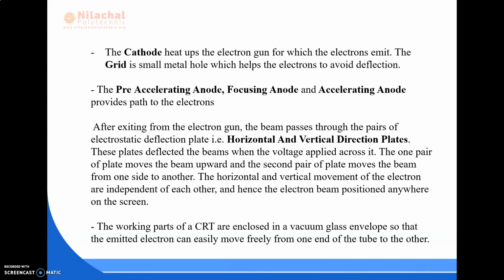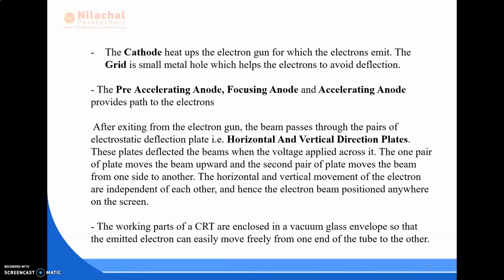One pair of plates moves the beam upward and downward and the second pair moves the beam from one side to another. The horizontal and vertical movements of electrons are independent of each other, and hence the electron beam can be positioned anywhere on the screen.